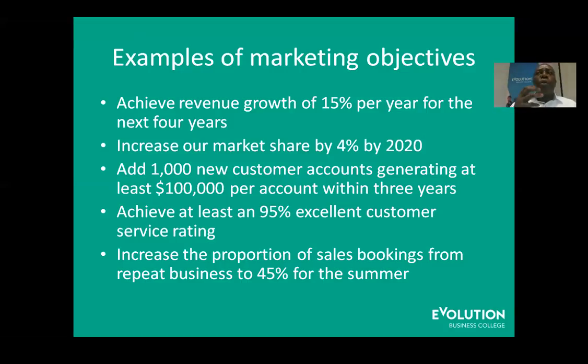So when you budget money for marketing objectives, you are saying the return we're expecting is 4% market share, 95% excellent customer service, and an increase in the proportion of sales booking for repeat business of 45%. Whatever funds you put in for marketing objectives, you say, this is what we expect to get. This is what we are targeting. This is where we are going. This is our destiny. This is what needs to be achieved.